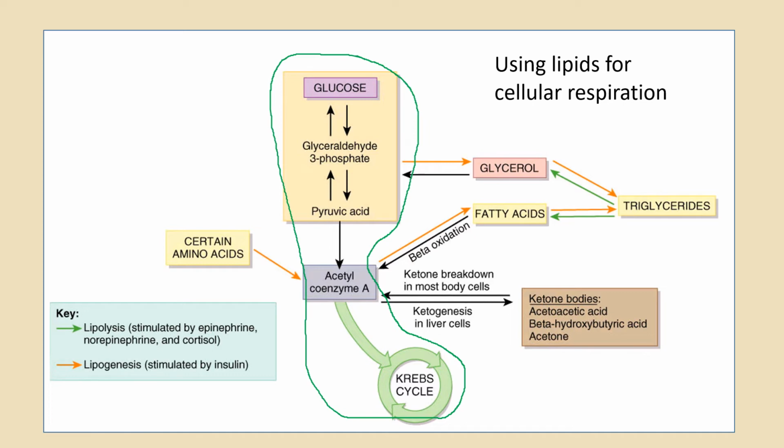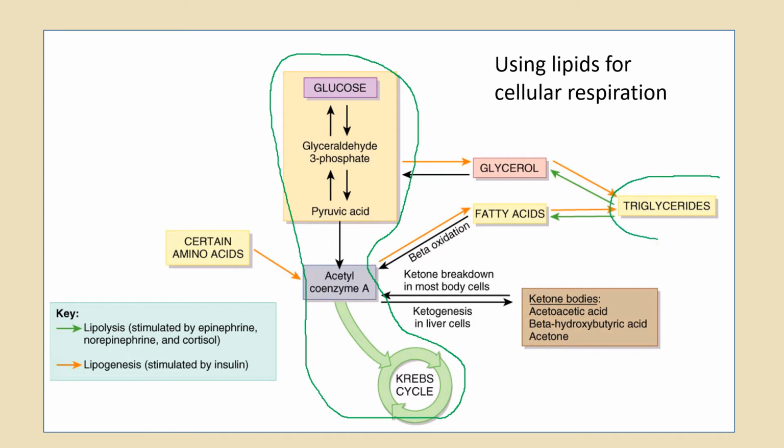We talked about using glucose as a fuel source for cellular respiration, and we see the first 3 steps of aerobic cellular respiration. Glycolysis is sort of in that peach box. Glycolysis gives rise to pyruvic acid. And the second step is the formation of acetyl coenzyme A. And the third step is the Krebs cycle. Not shown here, but following the Krebs cycle, our fourth step is the electron transport chain. Okay, so let's add on to that. We are talking about lipolysis.